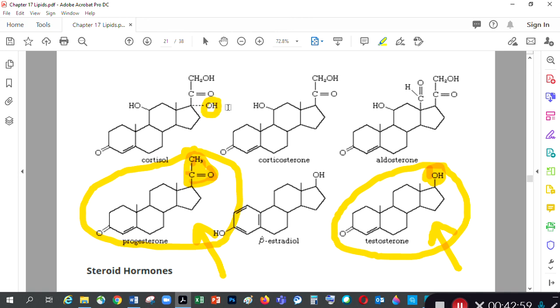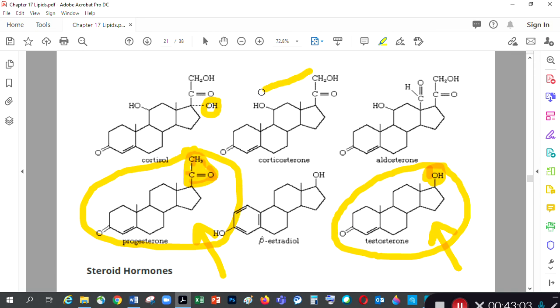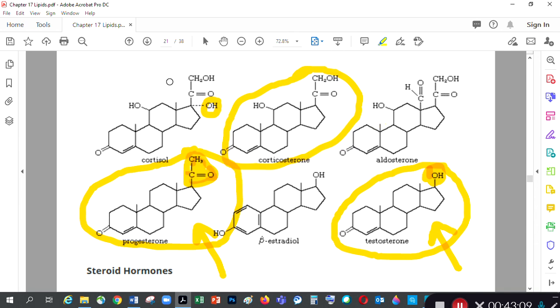So between this one here and between this one here is the OH. So the OH is the difference between them. Otherwise, it looks very identical. That's cortisol, that's corticosterone, correct?